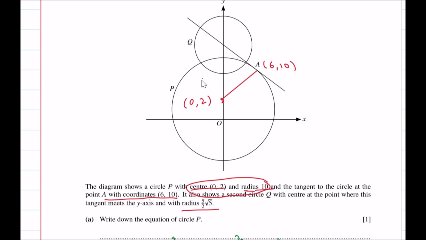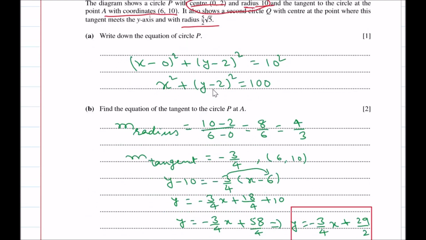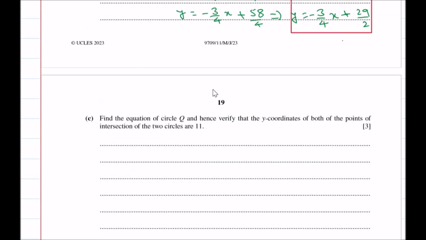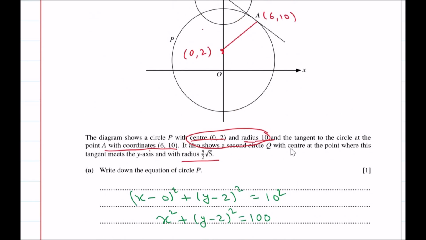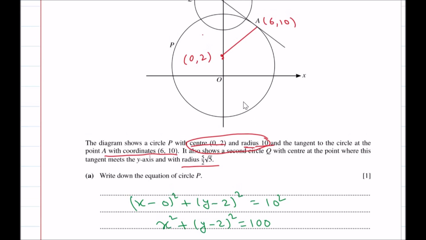We have equation of the tangent we have found, right? So equation of the tangent we will be using here for finding the center. So equation of the tangent, as it says, that tangent to a circle at the point A, it also shows a second circle Q with the center at the point where this tangent meets the y-axis.